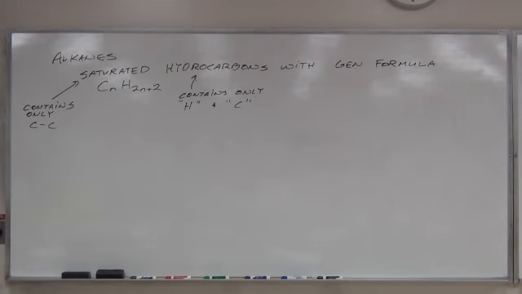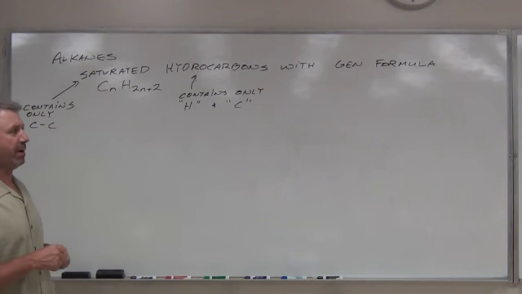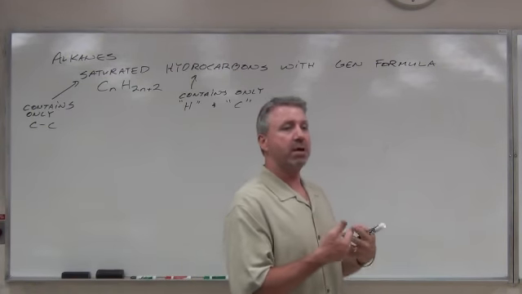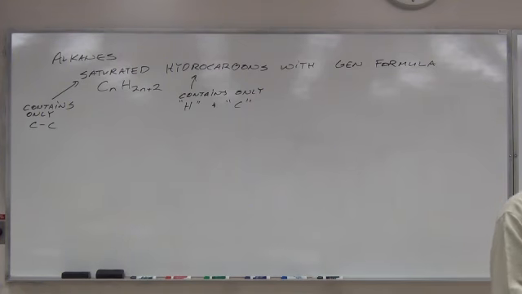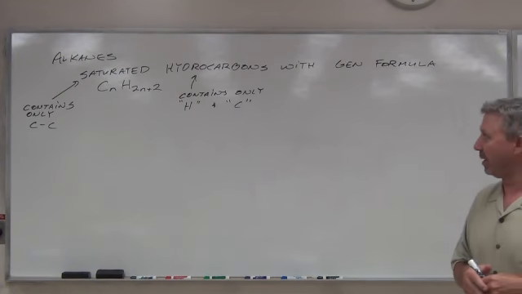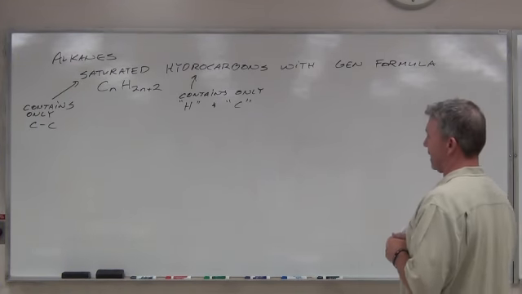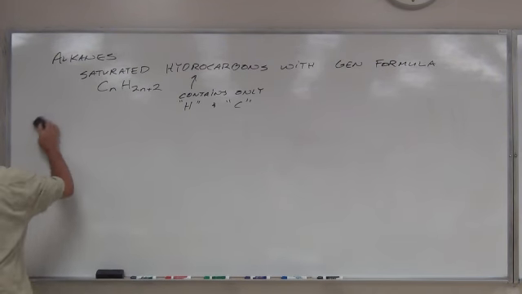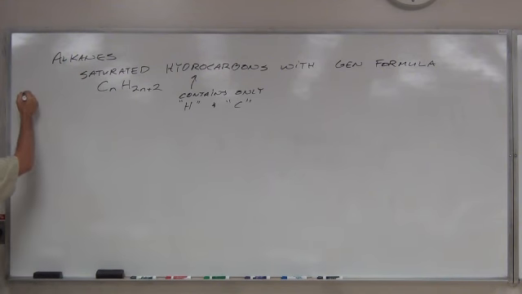Now, there are 10 alkanes that you have to memorize. There's no way around it. This is where naming starts. You must memorize the first 10 alkanes listed in your book. I will write them down over here. We're going to run out of room.